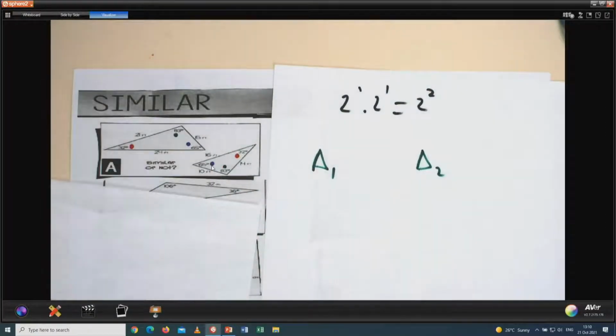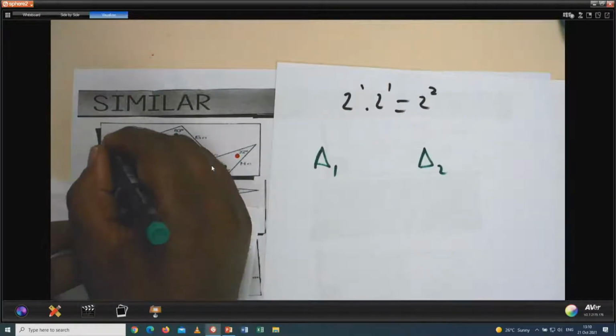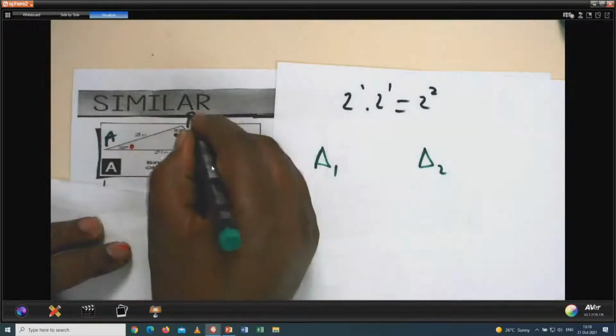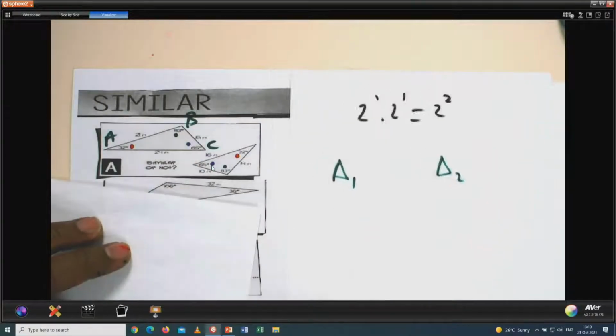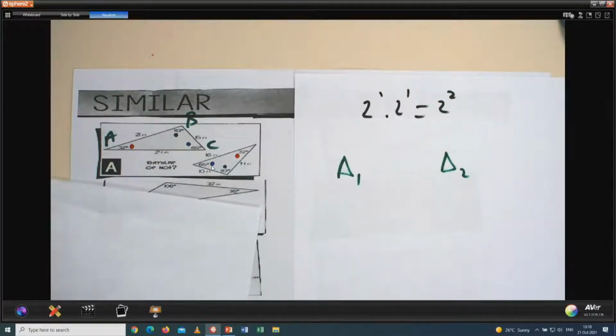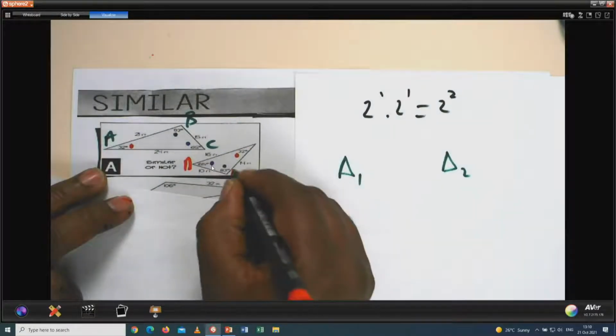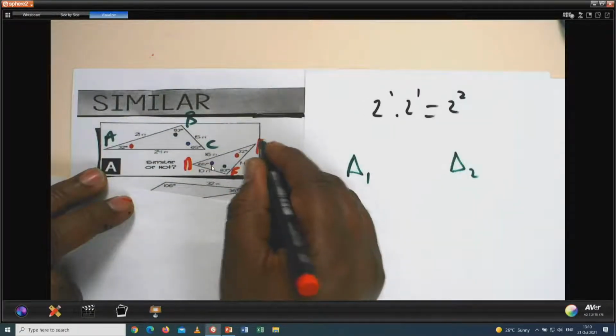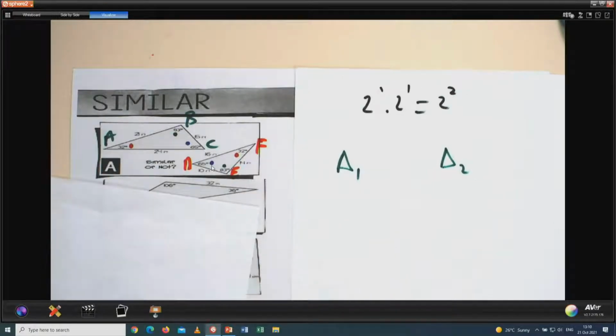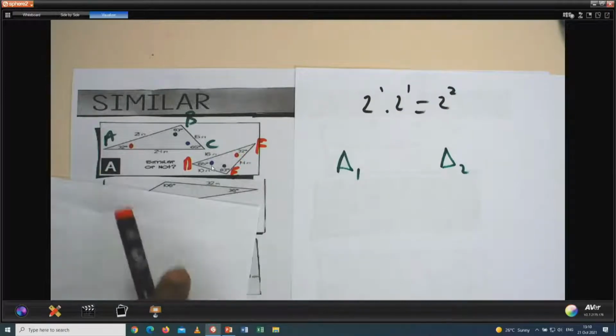Let's give them names already, so that we don't have to go back. A, B, C, and then D, E, F. Right. Now let's start. We start with red angle.